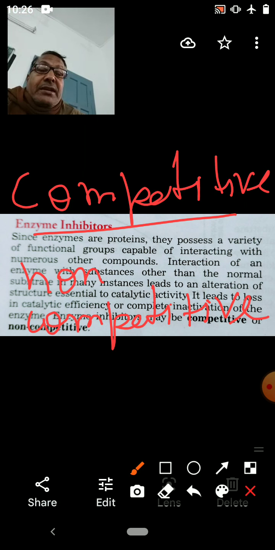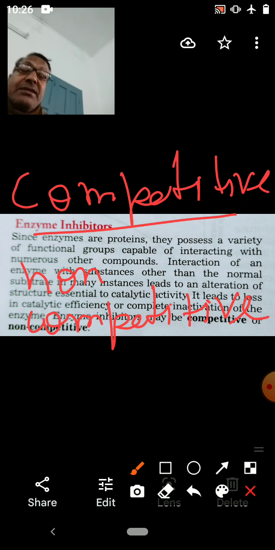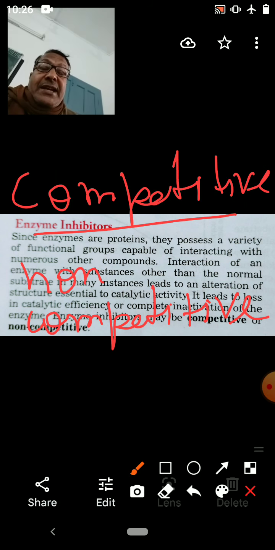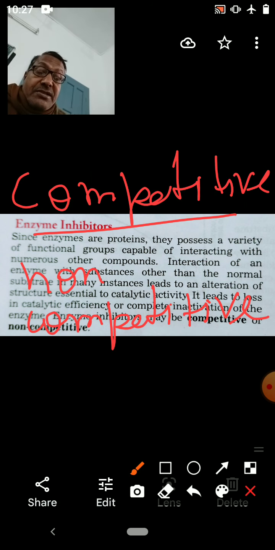Generally, substrate molecules combine with the active site of enzyme molecules and form an enzyme substrate complex, and after that the enzyme substrate complex breaks and products are formed.